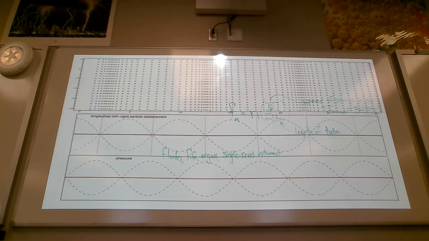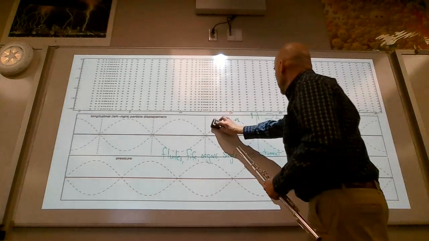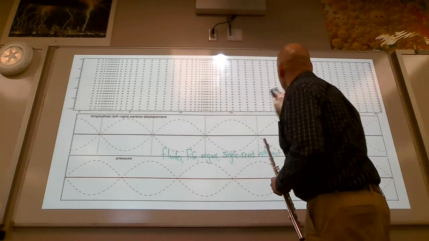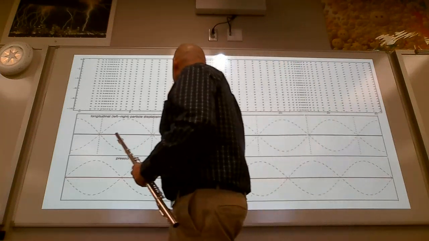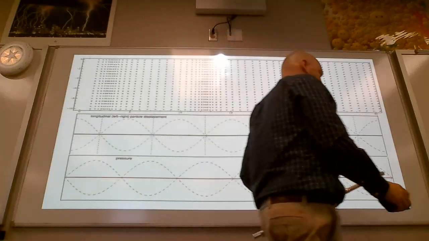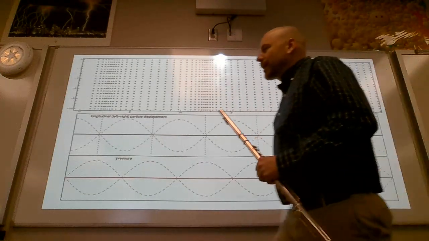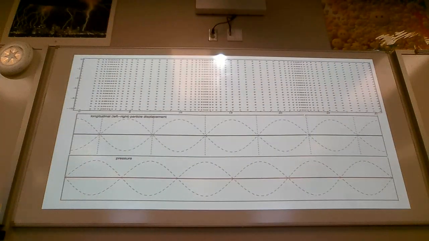So in a tube, it's a sound wave. Sound waves are longitudinal. Okay?